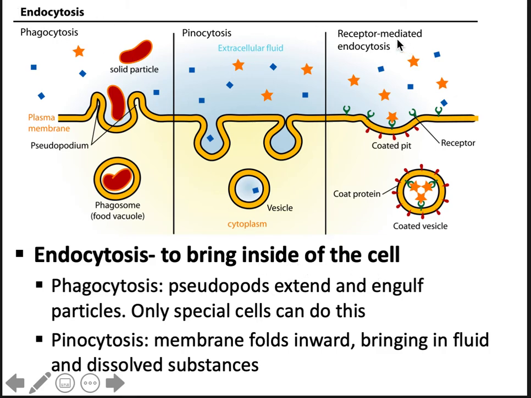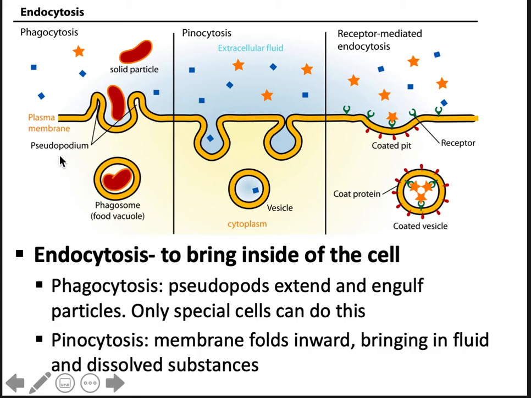And we have three main mechanisms to do that. Phagocytosis happens only through phagocytic cells, such as our white blood cell phagocytes. Some of our white blood cells in our immune system are phagocytes, and they extend their membrane in as if they're extending these hands or feet to grab and bring in the substance.